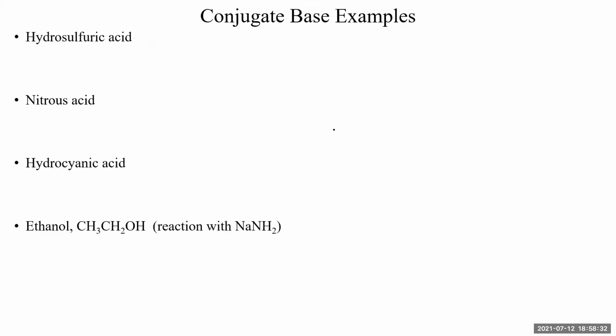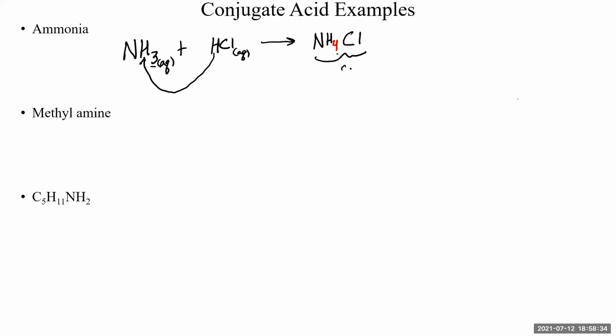Actually, we end up with the compound ammonium chloride. But ammonium chloride dissolves well in solution. So really what you get is ammonium ion floating freely, aqueous, and chloride ion floating freely in the water, in solution. So ammonium ion.